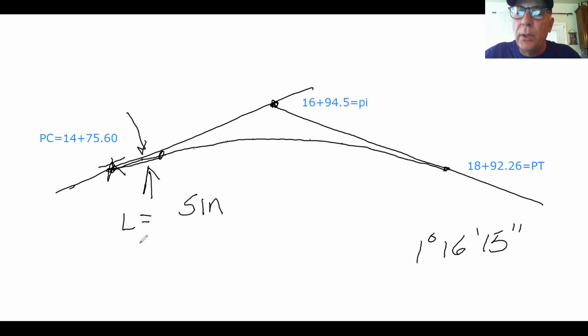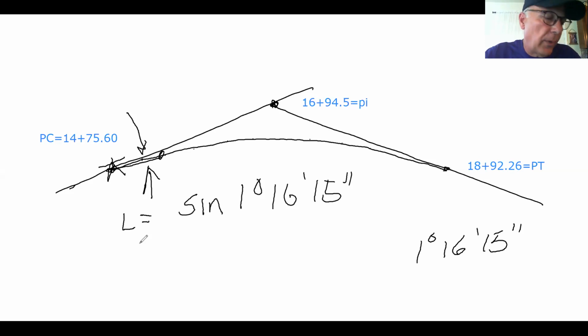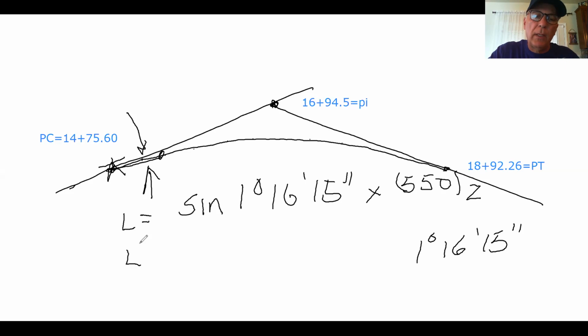And in this situation, I'm going to take the angle that I just got, which is the 1 degree, 16 minutes, 15 seconds, and I take the sine function of that, and then I multiply that times the diameter. Remember, the diameter is 550, which is the radius, multiplied by 2. So it's sine of 1 degree, 16 minutes, 15 seconds, multiplied times 550 times 2, or 1100 if you want to do it that way.